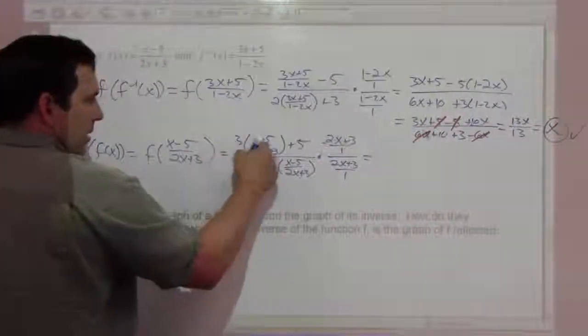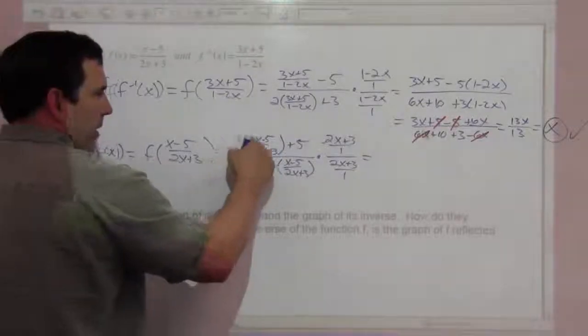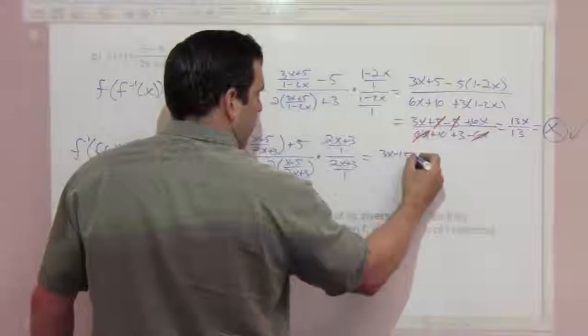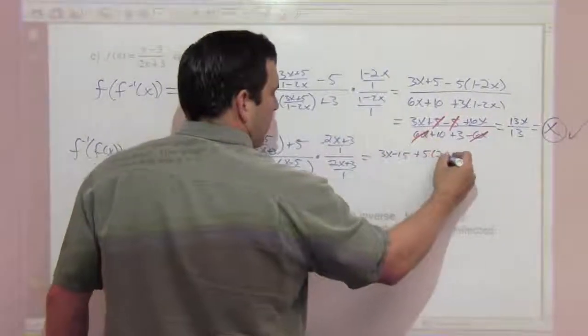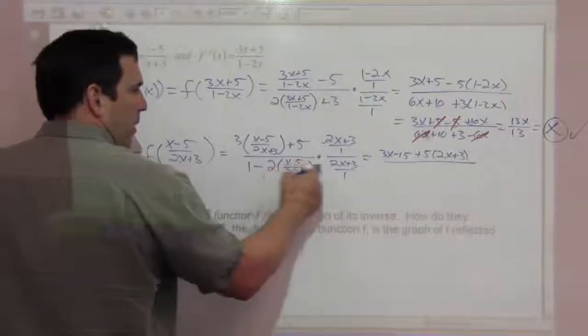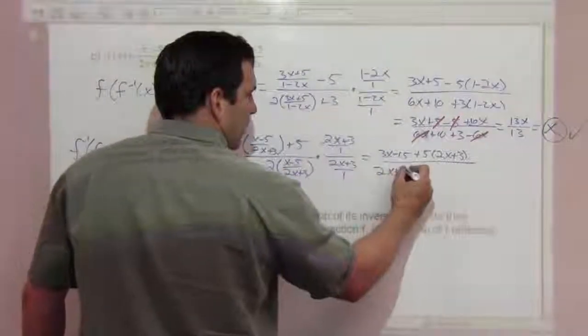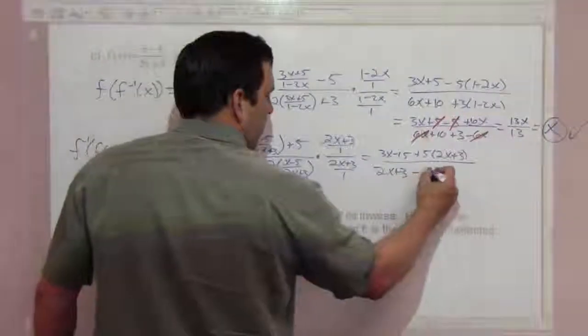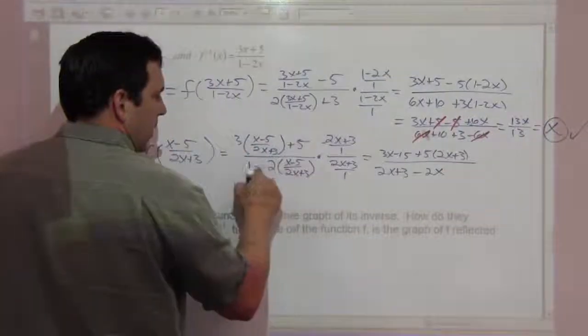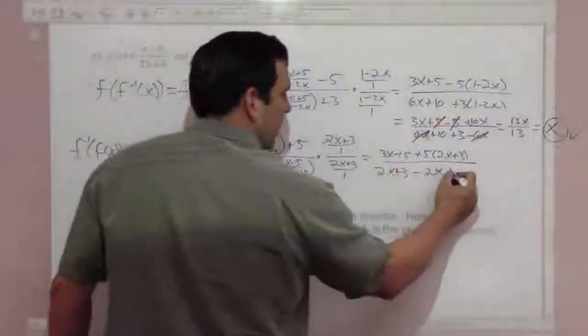So in the first case, that's just going to cancel here. You have 3 times the x minus 5, so 3x minus 15 plus 5 times 2x plus 3. Down below, you're going to have 1 times 2x plus 3 minus 2 times x minus 5, so negative 2 times negative 5 is plus 10.